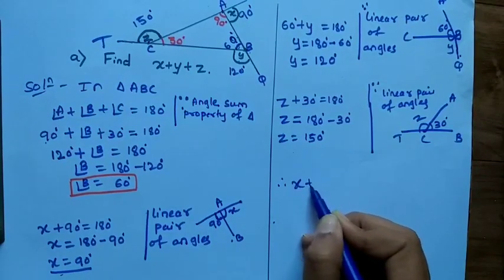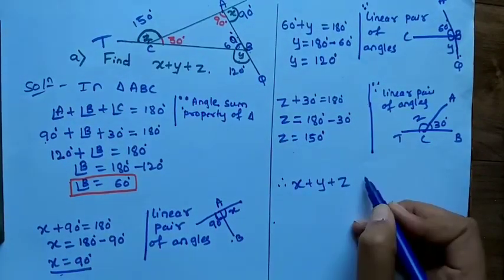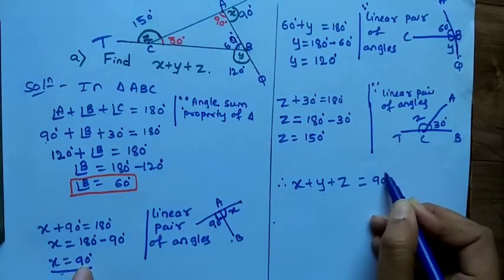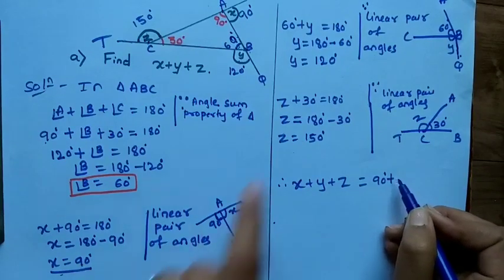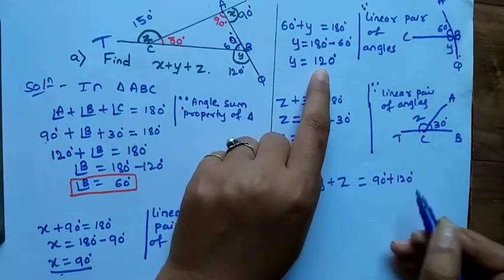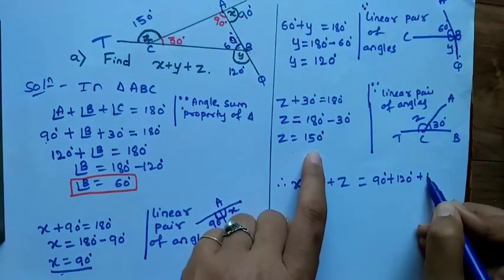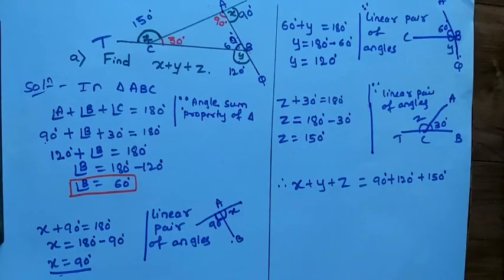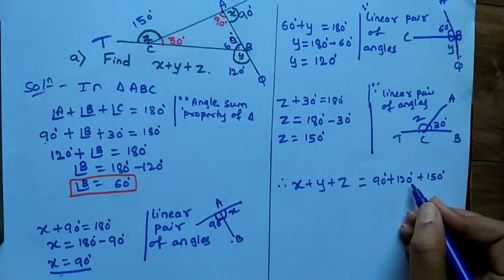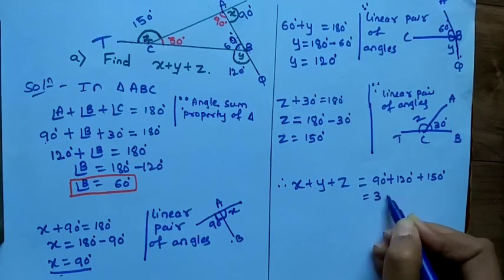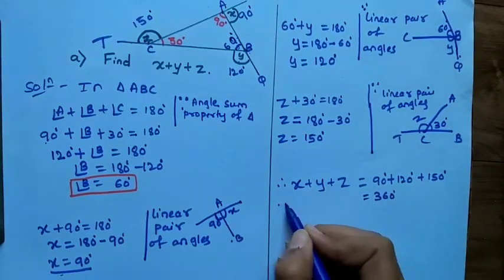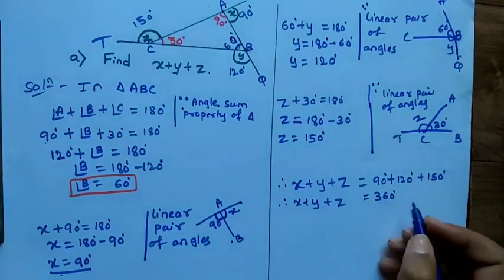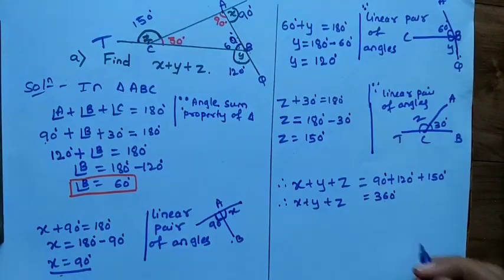Therefore X plus Y plus Z is equal to angle X, which is 90 degrees, plus angle Y, 120 degrees, plus angle Z, 150 degrees. So 90 degrees plus 120 degrees plus 150 degrees is equal to how much? 360 degrees. Therefore X plus Y plus Z is equal to 360 degrees, which is our solution.